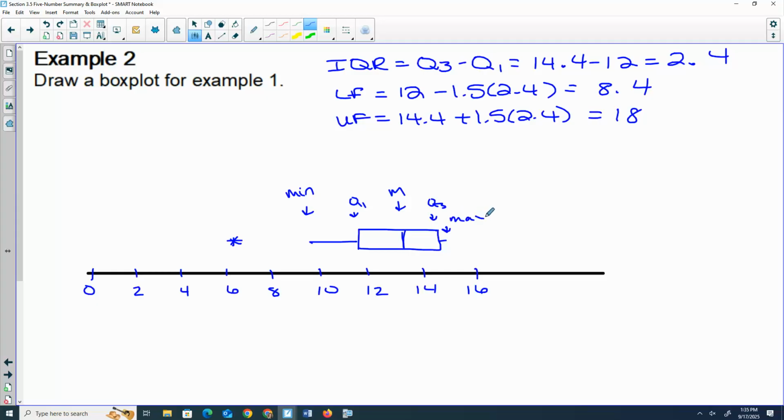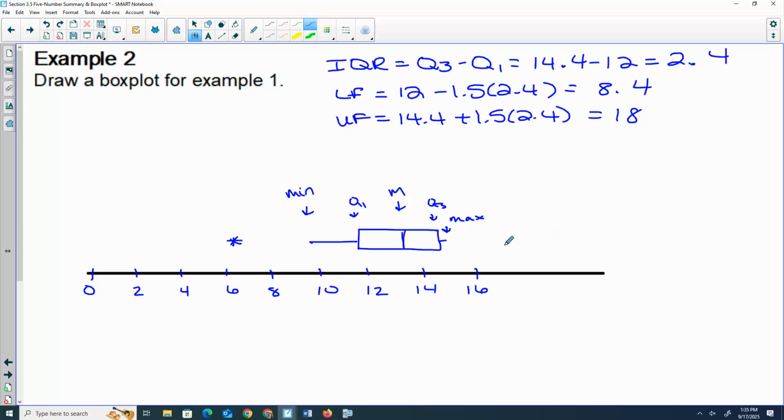With the exception of outliers get taken out and marked with an asterisk. Okay? So 5-number summary turns into the box and whisker. Now, are we going to spend a tremendous amount of time creating these? No. It's more that I want you to be able to look at it and tell some information.